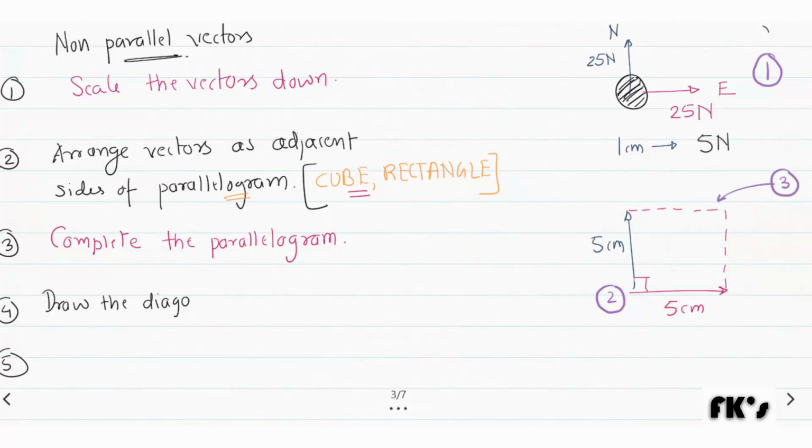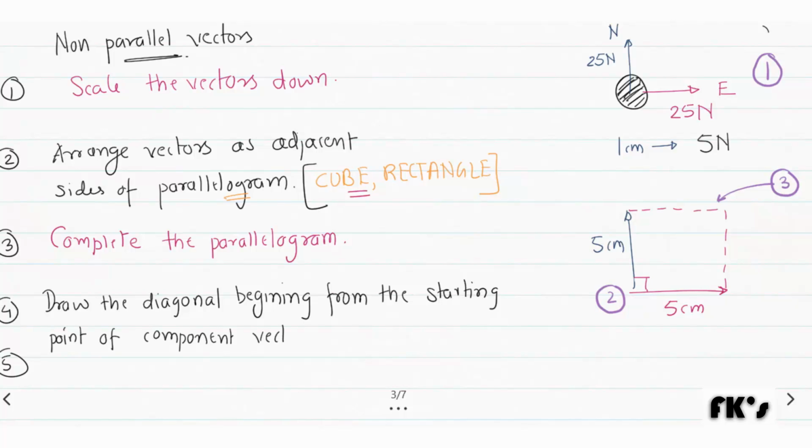Okay, draw the diagonal beginning from the starting point of the component vectors. Let me just say what starting point we're talking about. That's my starting point, and these two, as you must already know, are component vectors. I need to draw a diagonal of this parallelogram, which happens to be a square, which begins from this point.